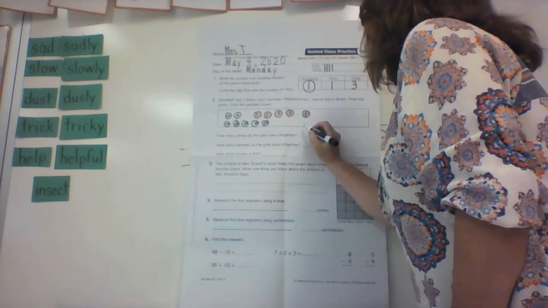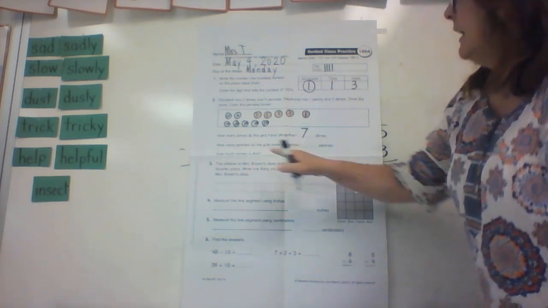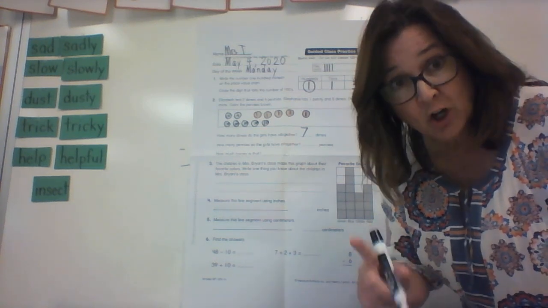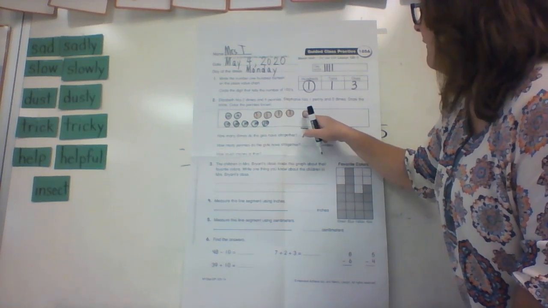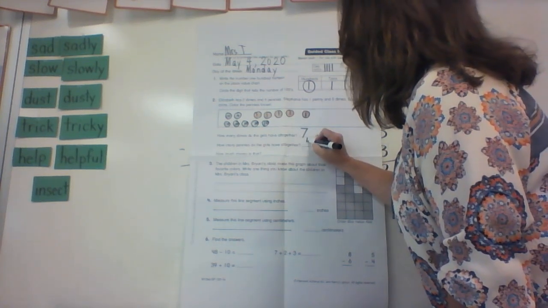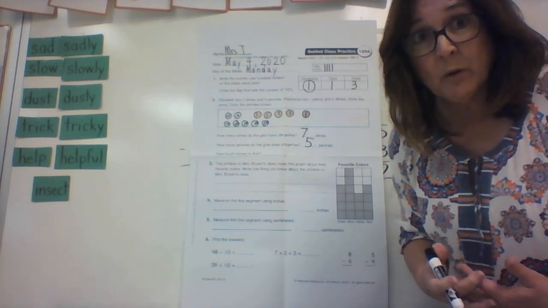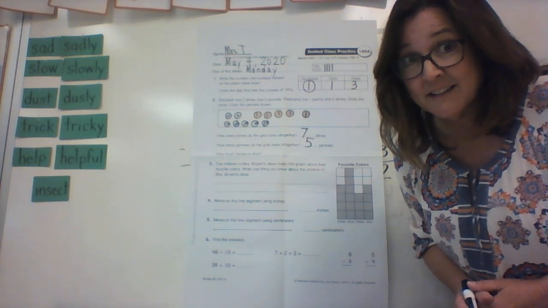So they are all together, they have 7 dimes. How many pennies do the girls have all together? Let's count all the pennies. 1, 2, 3, 4, 5. 5 pennies. Now we have the question, how much money is that?